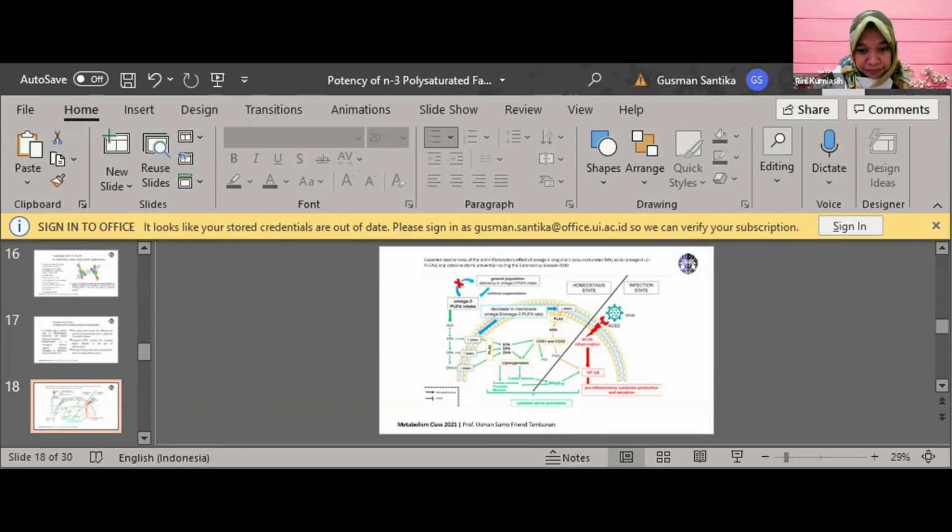Okay, thank you. Mr. Gusman, can you answer the question? Sorry, Mrs. Leni, can you repeat the question? I want to know what are the advantages of the omega-3 PUFA structure, then the omega-6 PUFA structure as anti-inflammation in COVID-19 infection. Thank you.